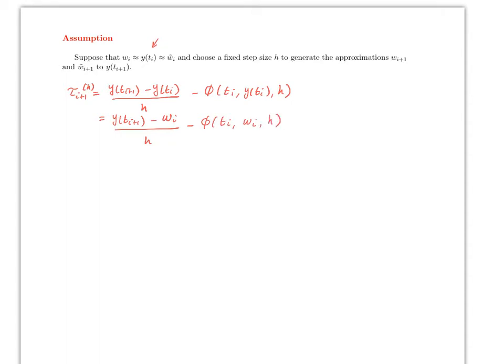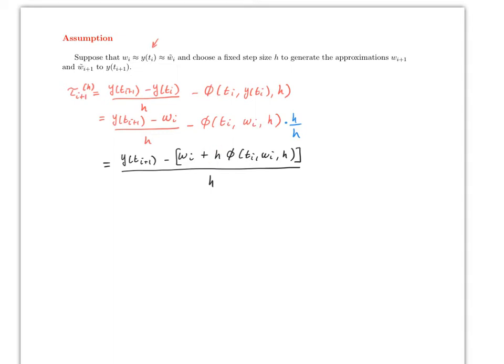If we use one of the best math tricks, multiplying by 1, which doesn't change the equation, we can factor out the 1 over h and get the following. This will now be [y(t_{i+1}) - w_i + h phi(t_i, w_i, h)] all divided by h, with a bracket here.